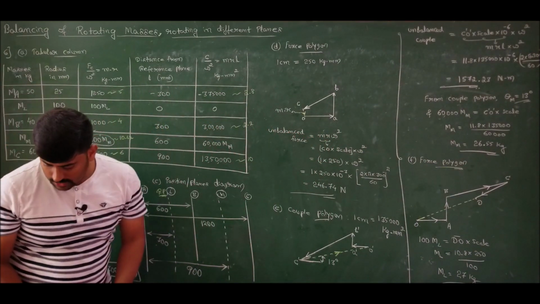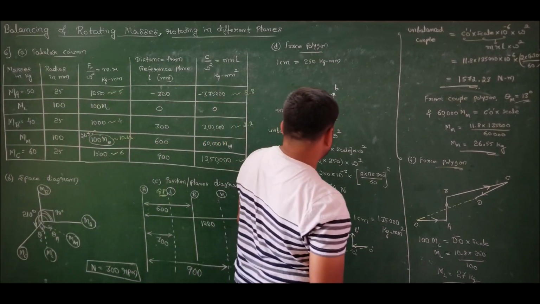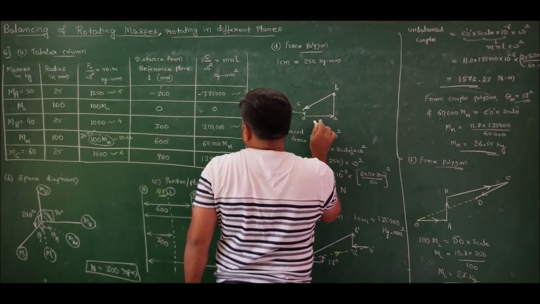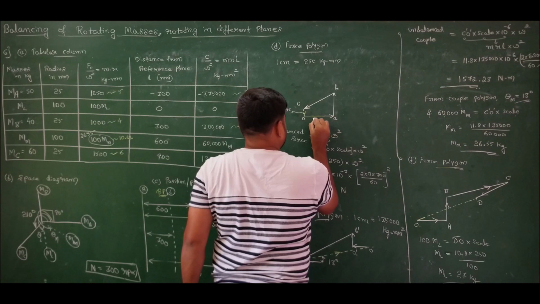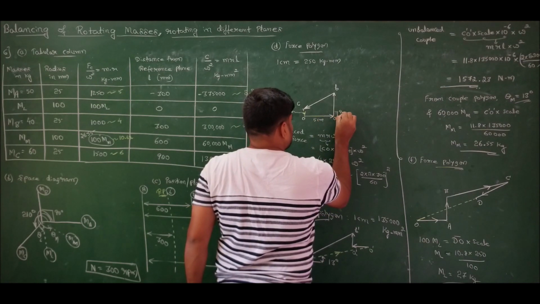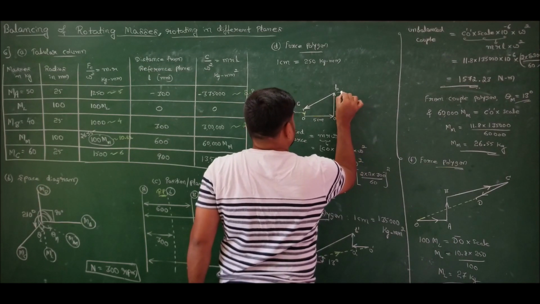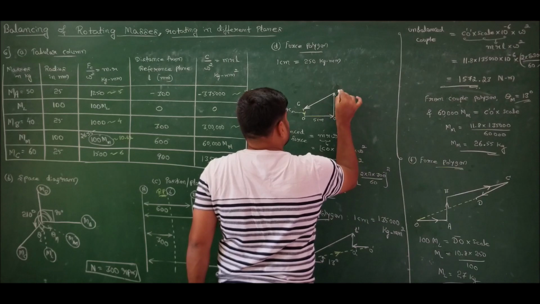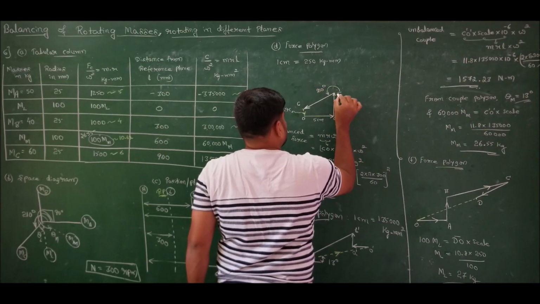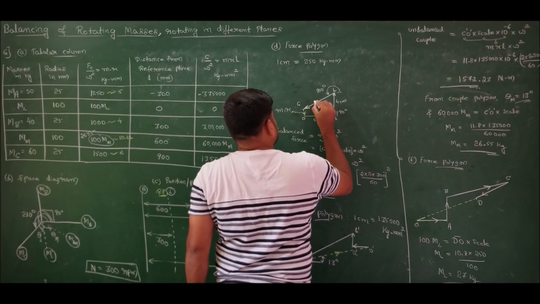Now what is the angle? Coming to the angle, if I mark all the angles which I had drawn, O to A is 5 centimeters. Next at an angle of 90 degrees, we drew 4 centimeters. Next at an angle of 210 degrees, we drew 6 centimeters.